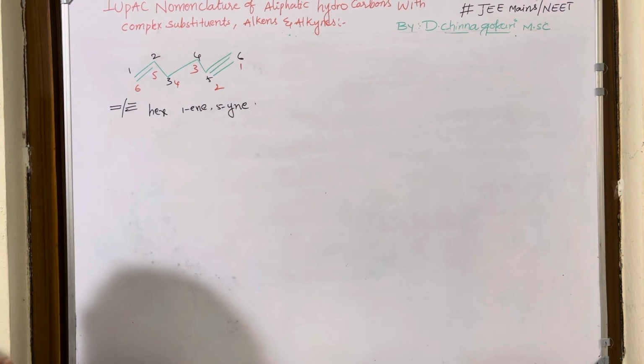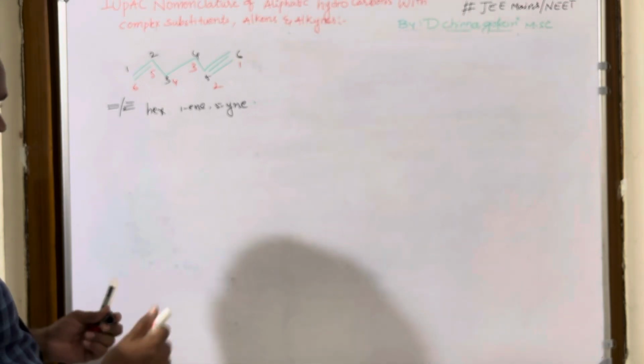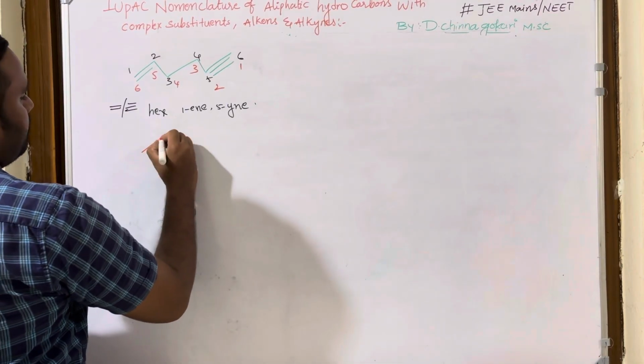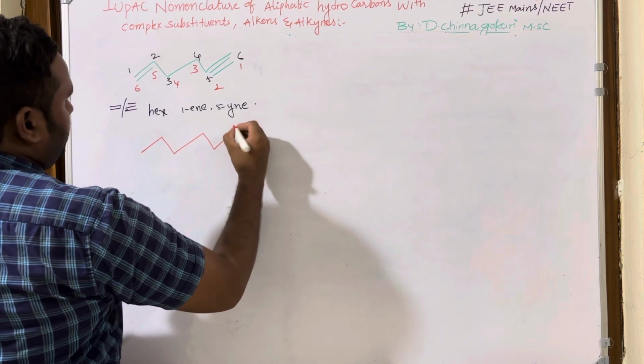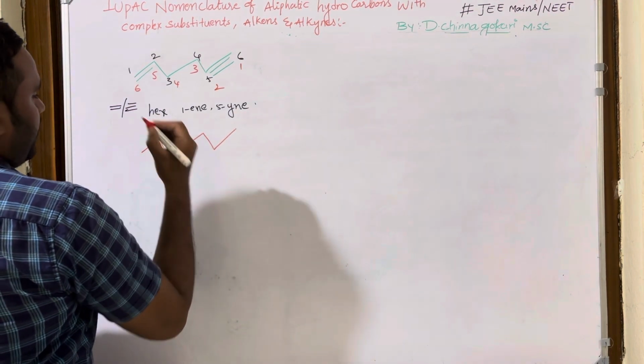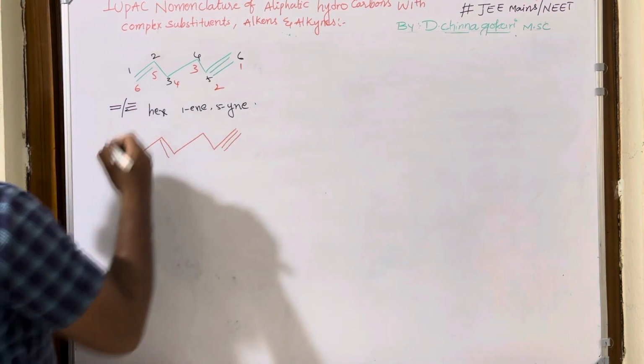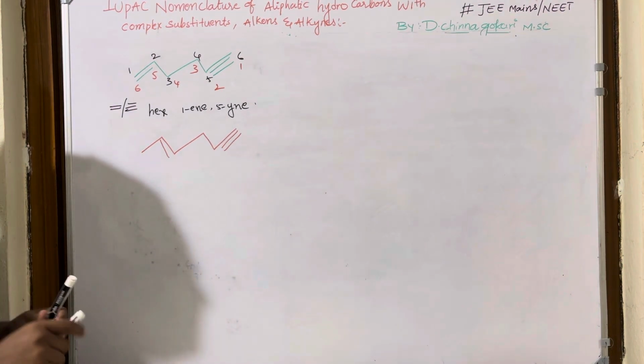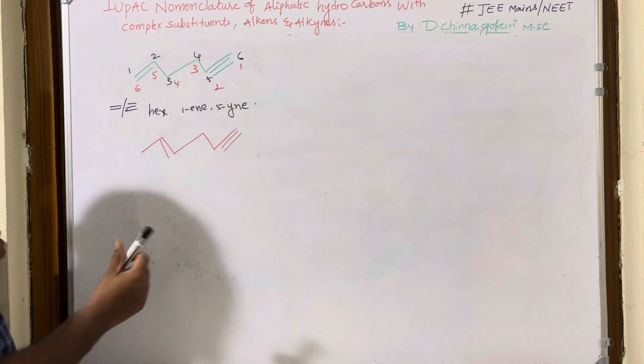Okay. Now let us take one more example to avoid the confusion. The same, and now I am taking the double bond here, triple bond here. Now let us give the numbering. From which direction should we give the numbering? Okay.